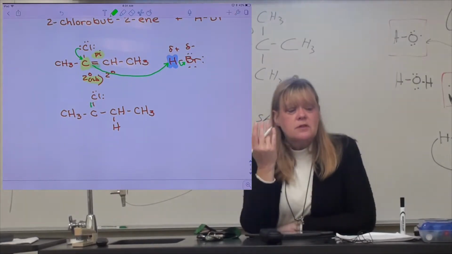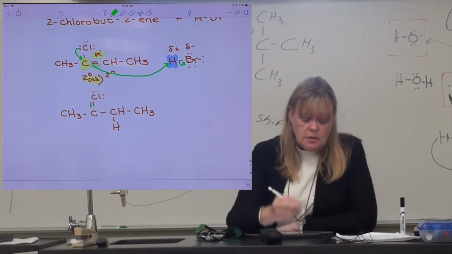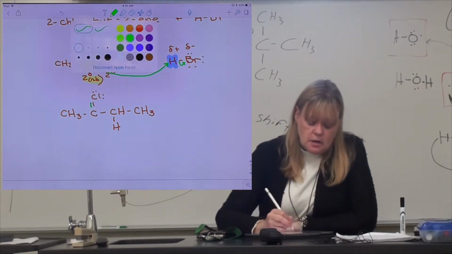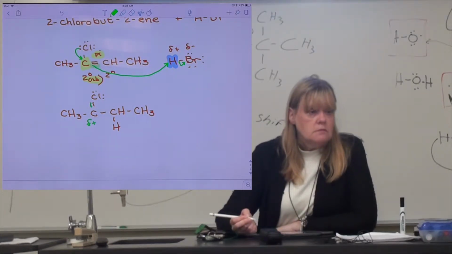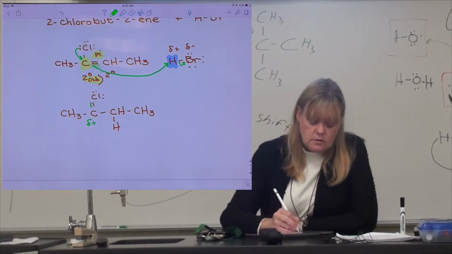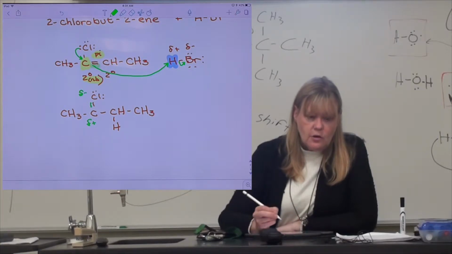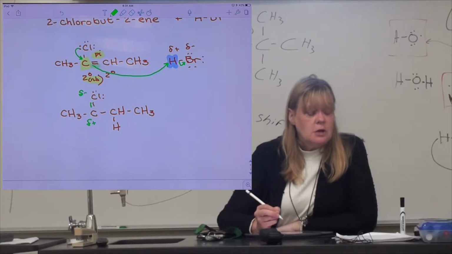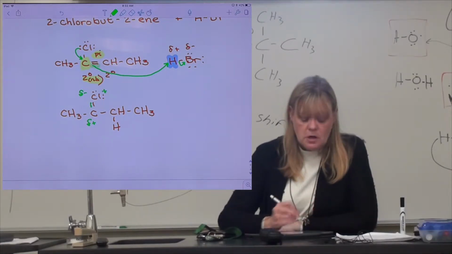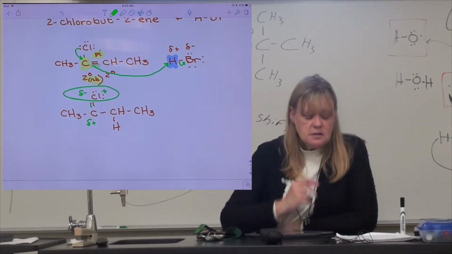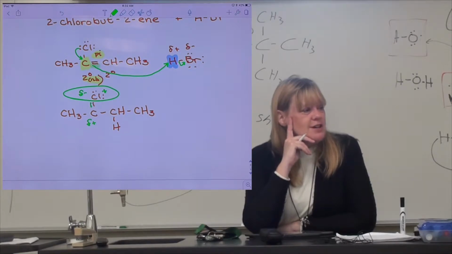But you can think of it the same way as you would a carbocation, because you still have a partial positive charge on the carbon, since chlorine is more electronegative. And the chlorine has a partial negative, but it also has a positive formal charge because it has too many bonds. So that partial negative and positive formal charge is not a good combination.